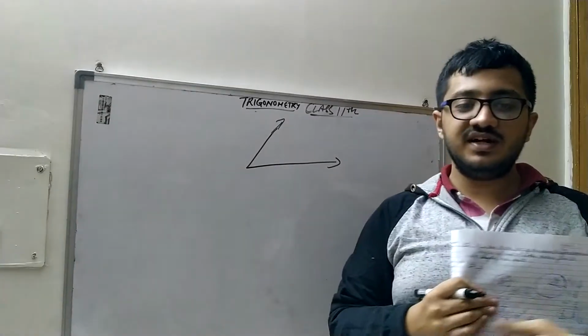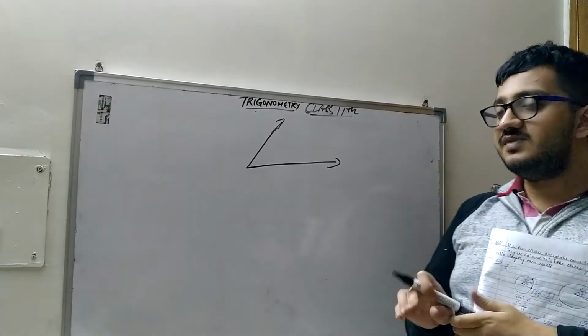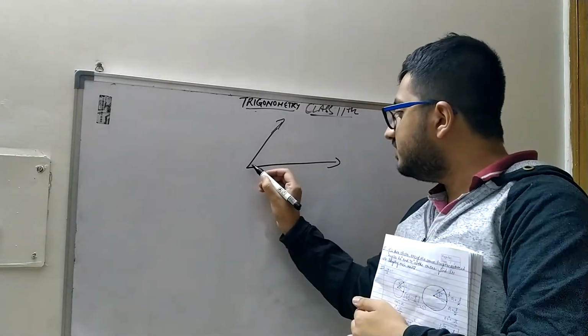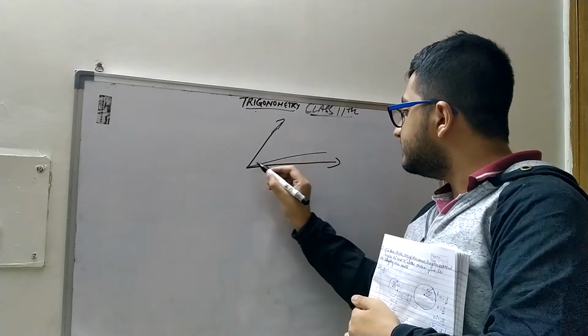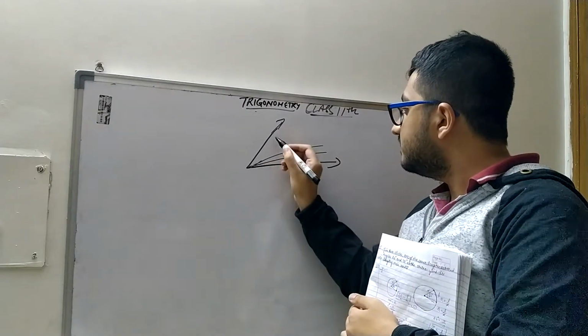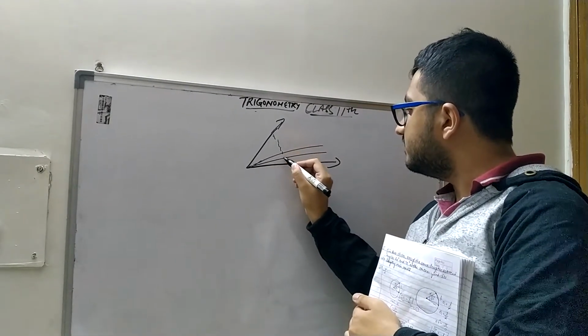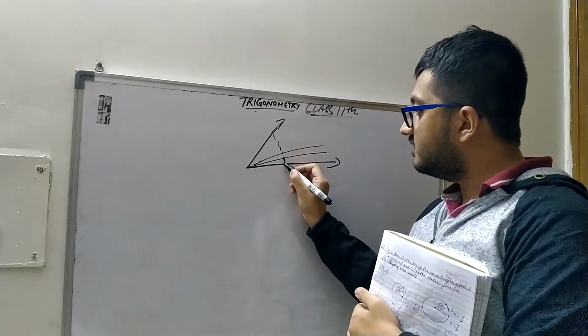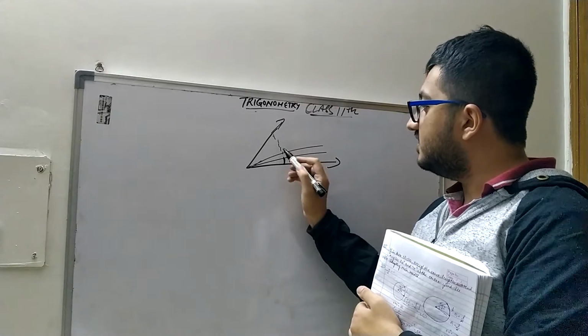We know that 1 degree is very small, so if we divide it into many equal parts, we get 1 degree.